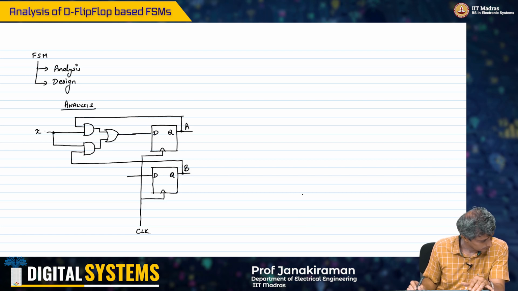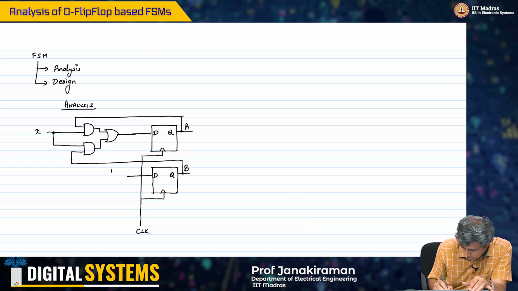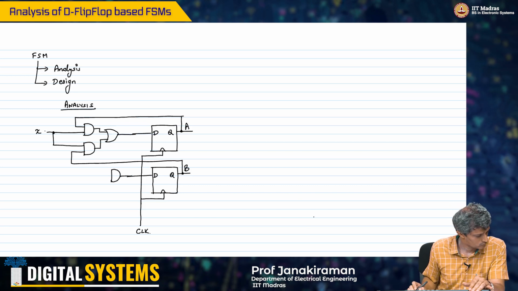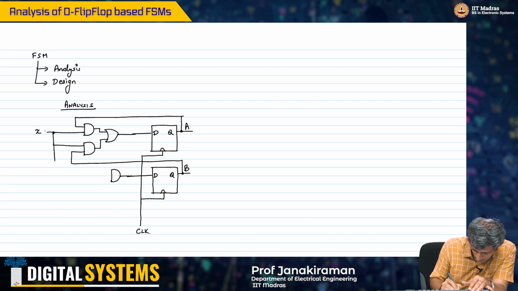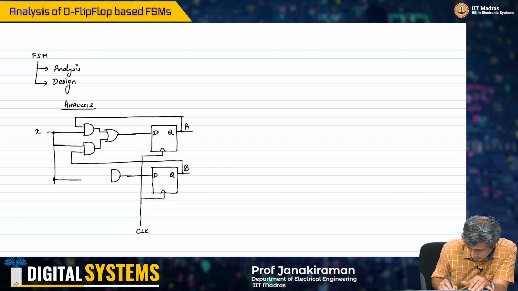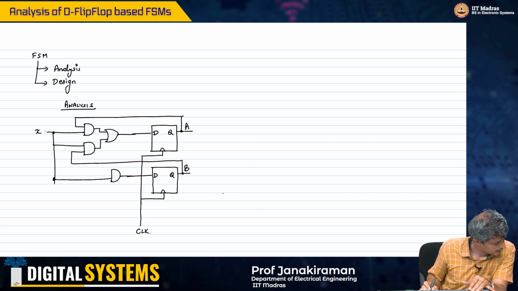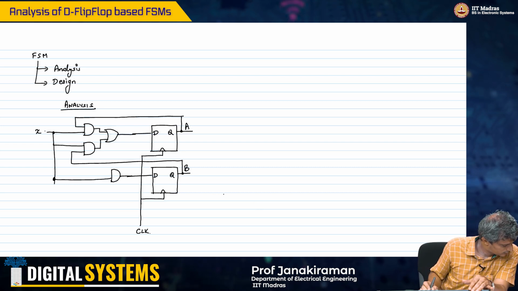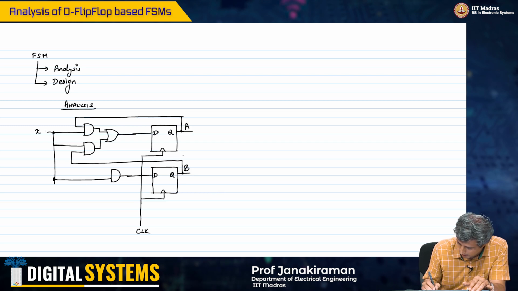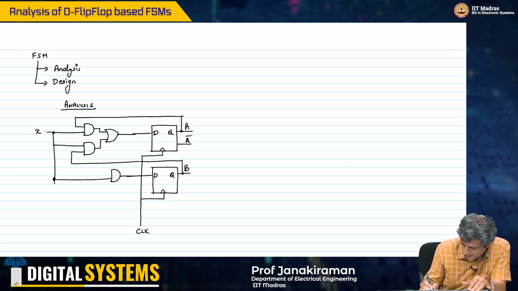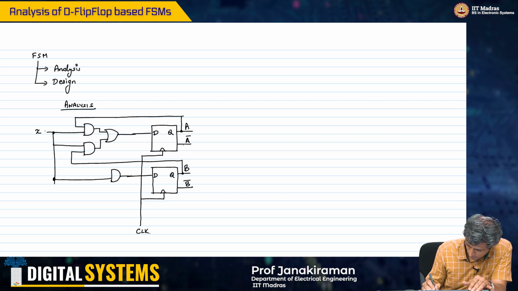And I have the X that is routed here, and the same signal B is, okay, this is coming from A bar. Okay, so I'm going to assume that A bar is also available here and B bar is available here.